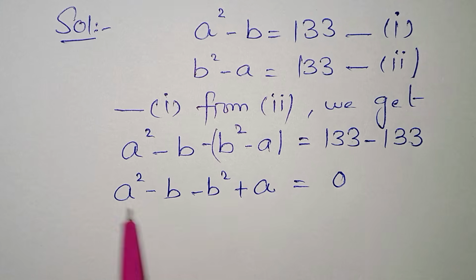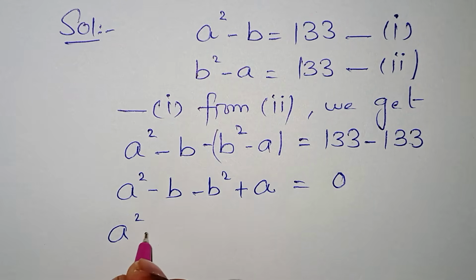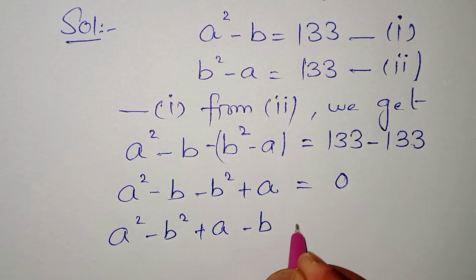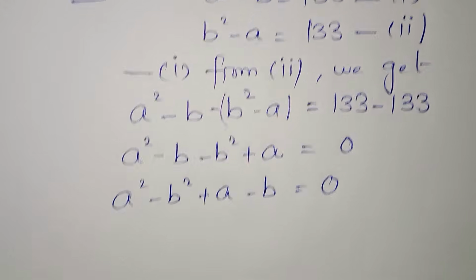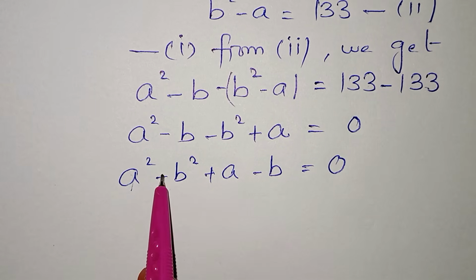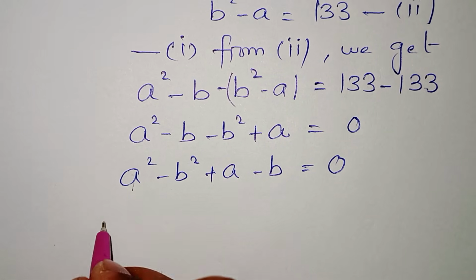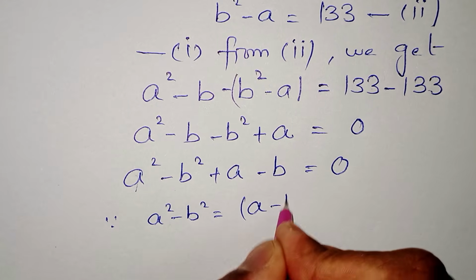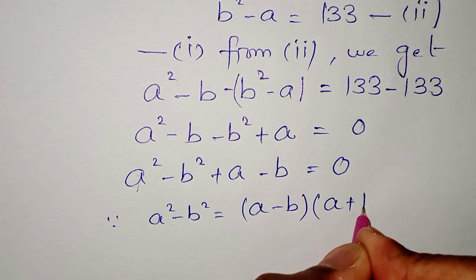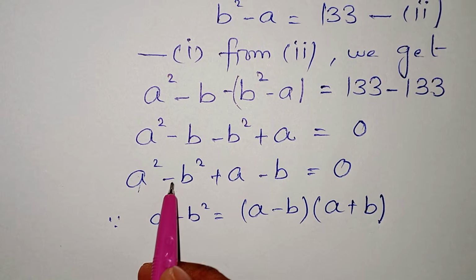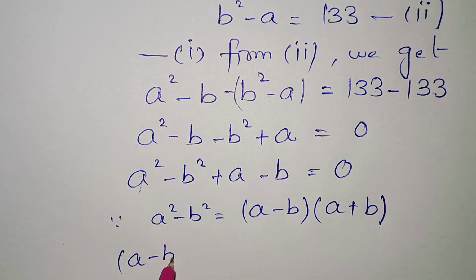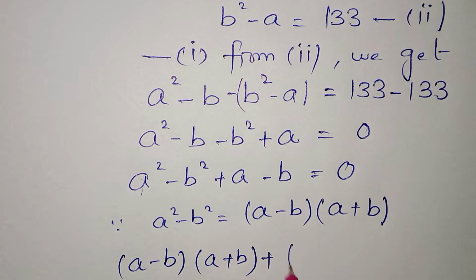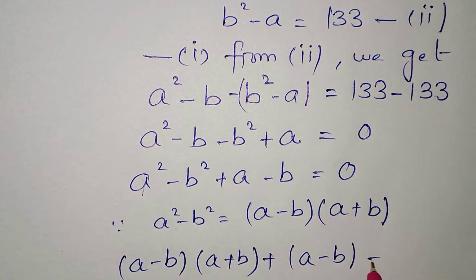Now we will rearrange this: a² − b² + a − b = 0. Now we know that a² − b² is equal to (a − b)(a + b). So we will put this formula here: (a − b)(a + b) + (a − b) = 0.